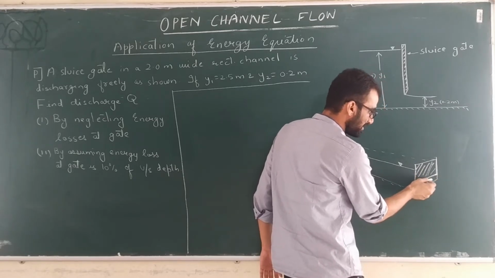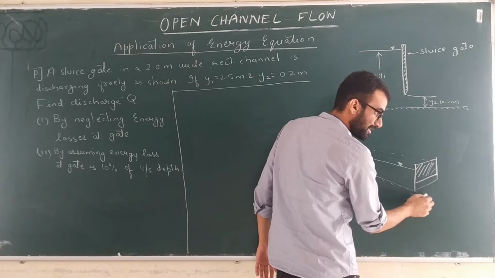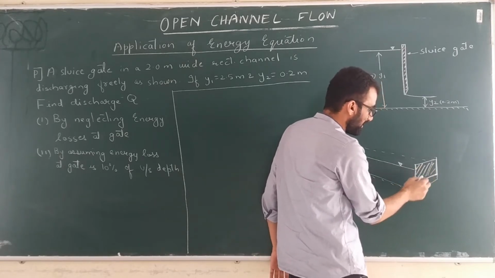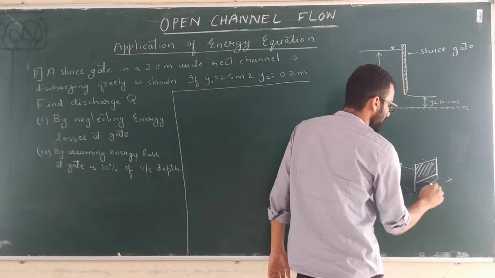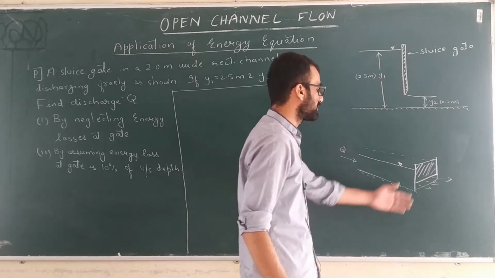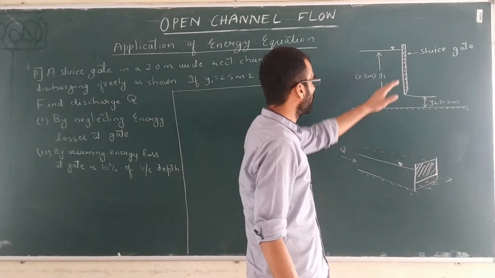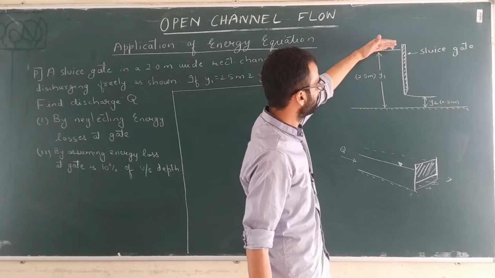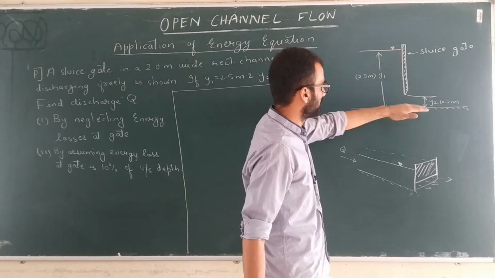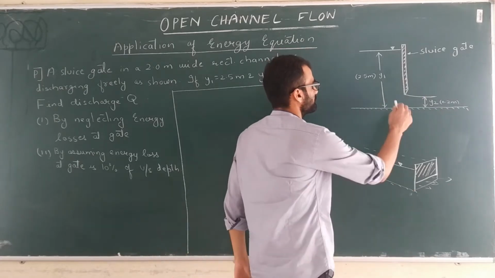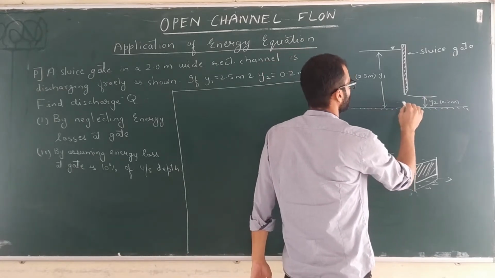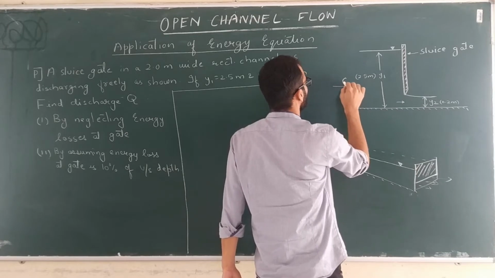The gate is lifted up, some space is created from the channel bottom, and through that space the water flows out. This is how a sluice gate works. Upstream you will have some ponding depth, and downstream of the sluice gate you will have some flow depth. Water will flow like this, and this is the flow direction Q.